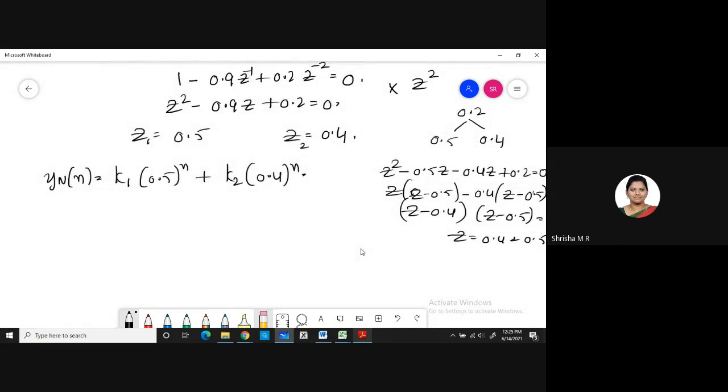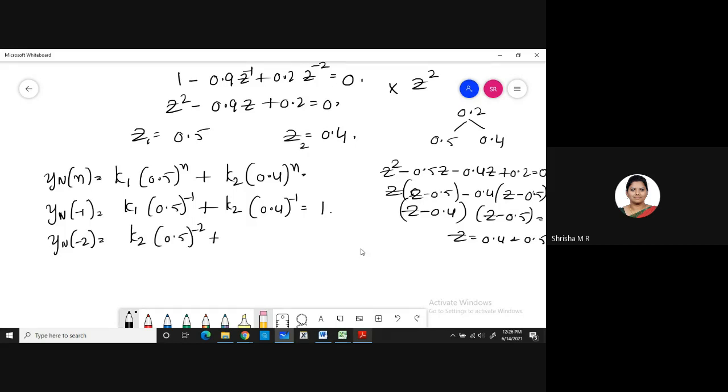So you have y_n of -1 which is equal to k1 into 0.5 to the power of -1 plus k2 into 0.4 to the power of -1 which is equal to 1, and y_n of -2 is equal to k1 into 0.5 to the power of -2 plus k2 into 0.4 to the power of -2 which is equal to -4. Solve equations 1 and 2 and find out k1, k2.